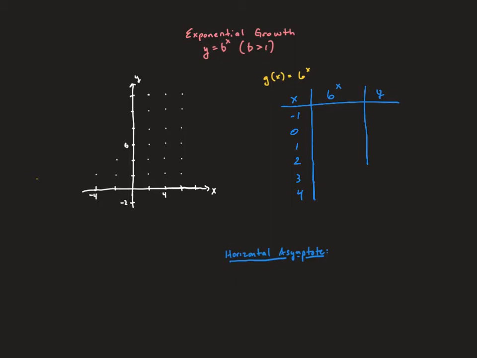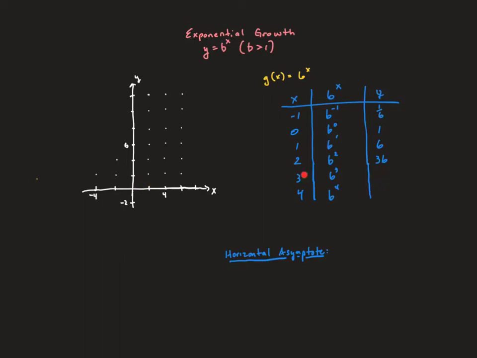So if I plug in some values to where I can graph, -1, 0, 1, 2, 3, 4, that would be 6 raised to the -1 power, which is 1/6. 6 raised to the 0 power is going to be 1. 6 raised to the first power is going to be 6. 6 raised to the second power is going to be 36. And I went ahead and stopped right here.